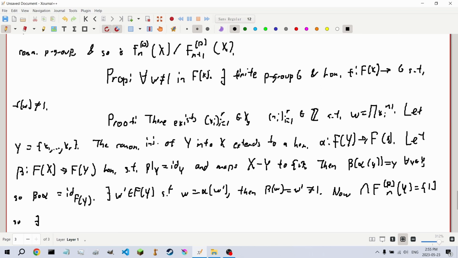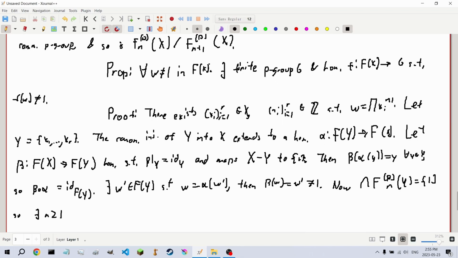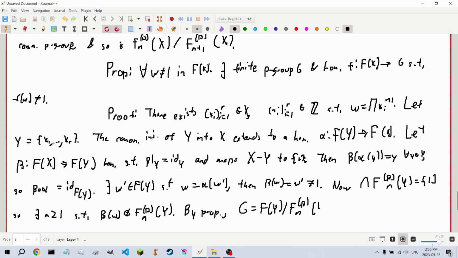So there exists an integer n at least 1 such that beta of w is not within the nth filtration of Y. By our first proposition, the group G of F of Y over the nth filtration of F of Y is a finite p group.